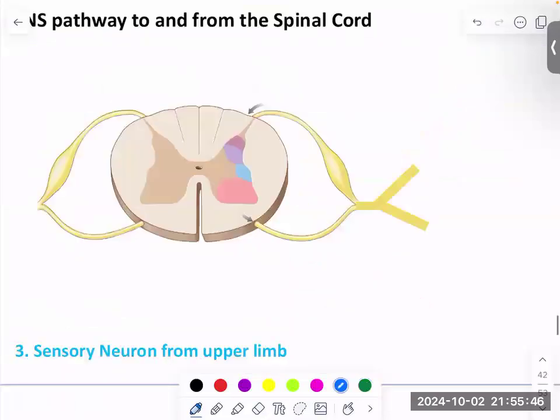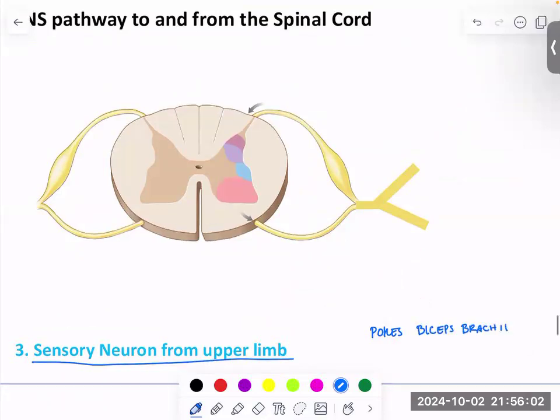Okay, you have a sensory neuron in your upper limb. That means somebody pokes your biceps brachii. Weird thing to do. But if somebody pokes you right here, that's where the signal starts.